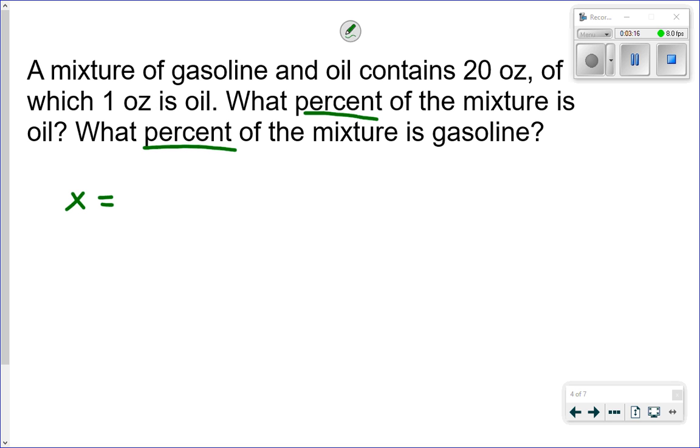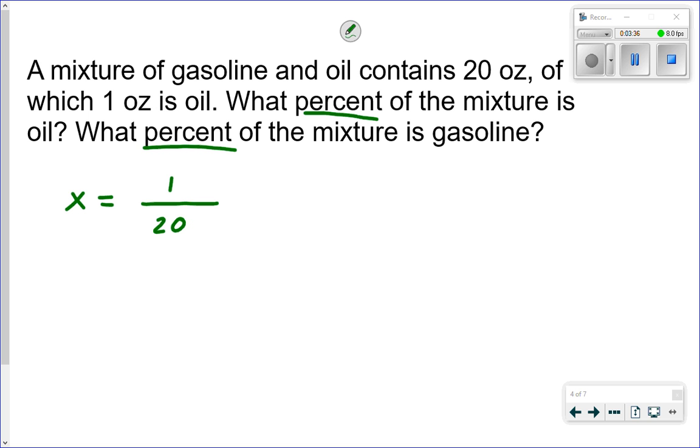Now, if we're solving for oil, what is my total or my whole amount of ounces that I have available? Well, that would be 20. And it says 1 ounce of that is oil, so it's going to be 1 over 20. So x equals 1 over 20. I need to solve that.